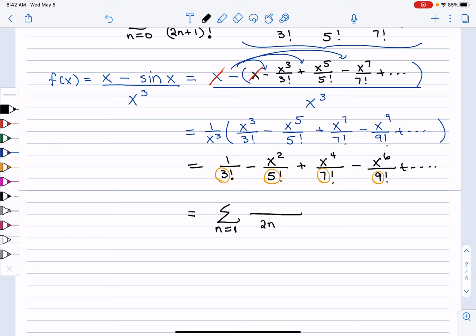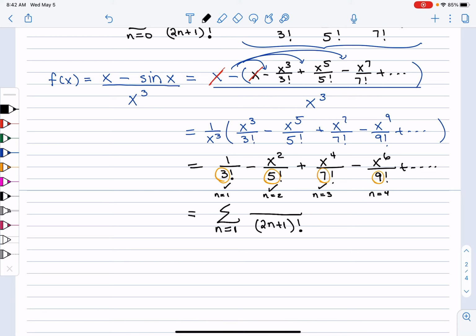We're starting at 1, right? So when n is 1, you have 3 factorial. When n is 2, you have 5 factorial. When n is 3, you have 7 factorial. And then the idea continues. So let me put here, n is 1, n is 2, n is 3, n is 4, and then the idea continues.